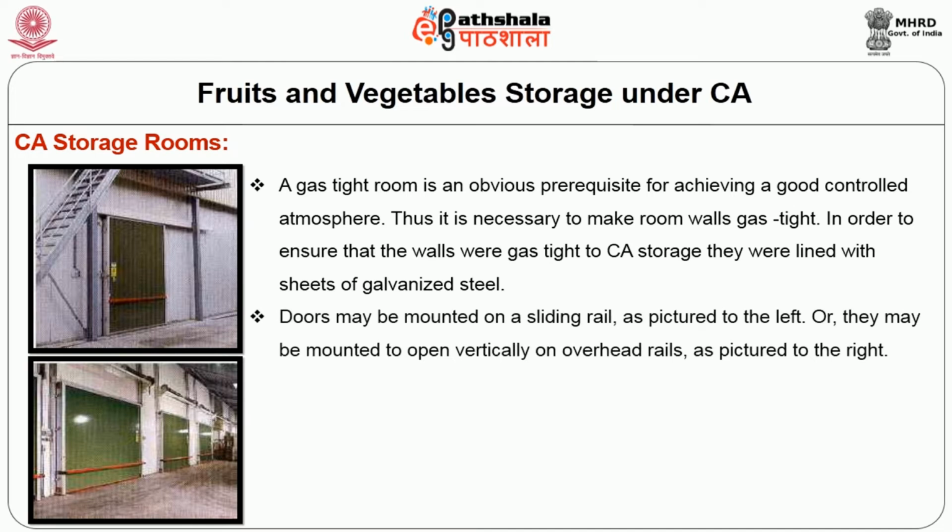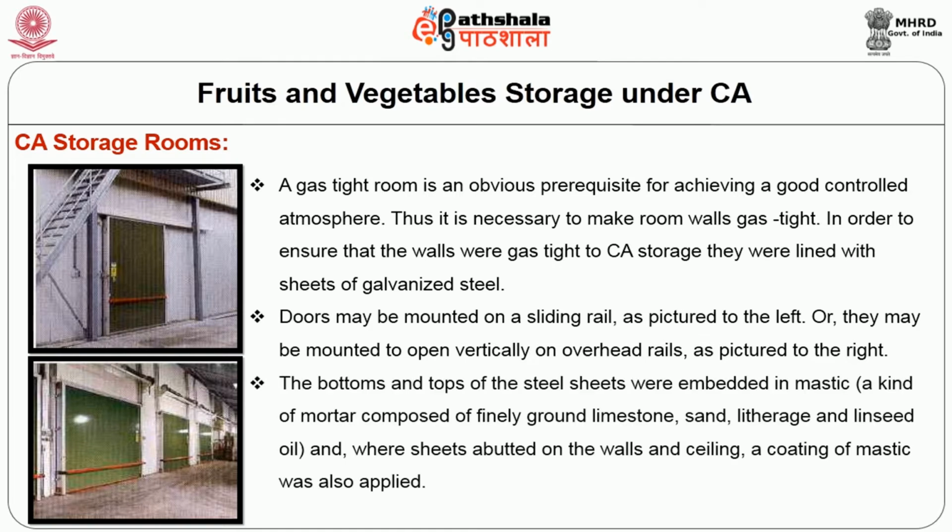Doors may be mounted on a sliding rail as pictured to the left, or they may be mounted to open vertically on overhead rails as pictured to the right. The bottom and tops of the steel sheets were embedded in a mastic, a kind of mortar composed of finely ground limestone, sand, litharge and linseed oil, and where sheets abutted on the walls and ceiling, a coating of mastic was also applied.